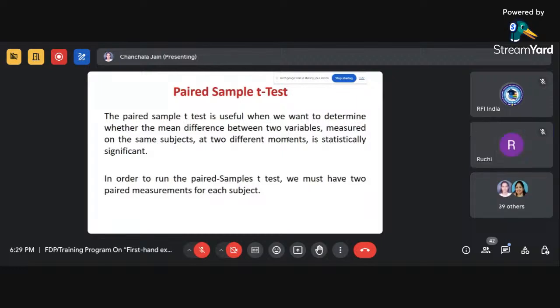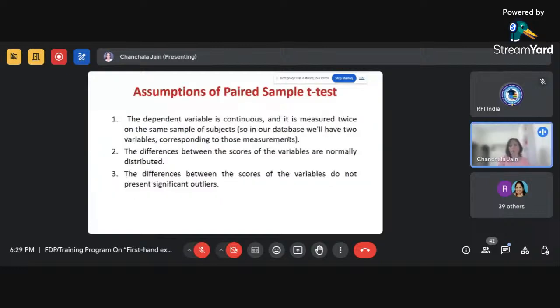Yes, ma'am. Now, assumptions. The paired sample t-test assumes the dependent variable is continuous and measured twice on the same sample of subjects. So the dependent variable will be numeric or continuous in nature, and we need to collect data two times for the same subject. Then, the differences between the scores of the variable are normally distributed.